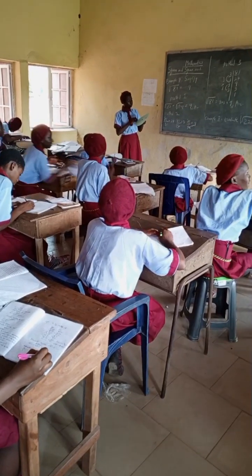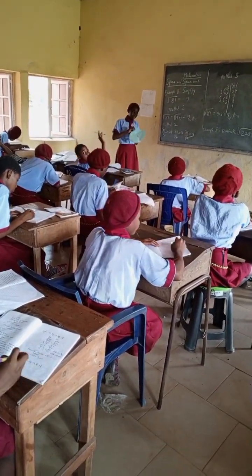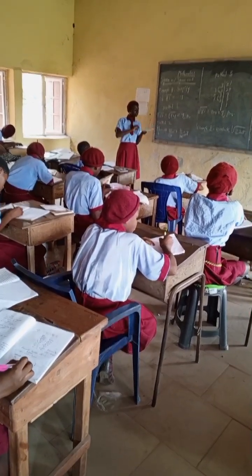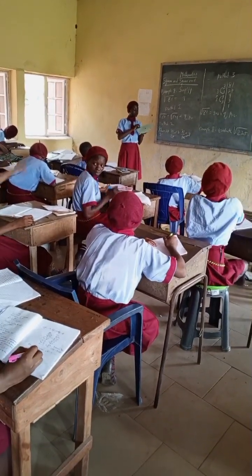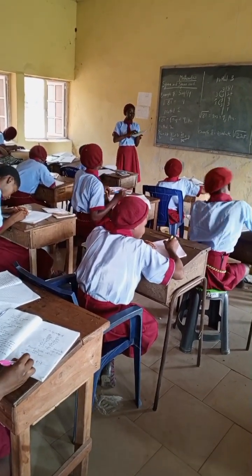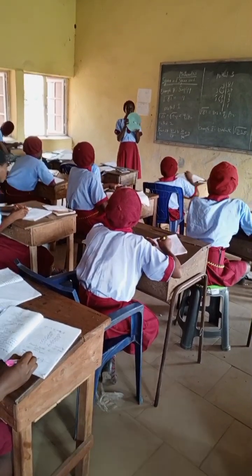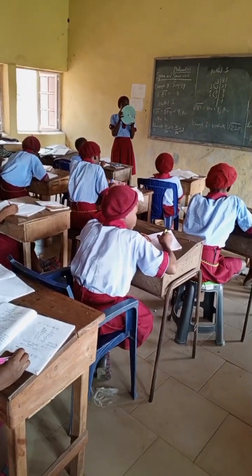Some people cannot find it too. I don't even know it, I'm learning with them. Wow, have you found it? Yes. And what's the answer? 15. Wow, okay. She found 15.